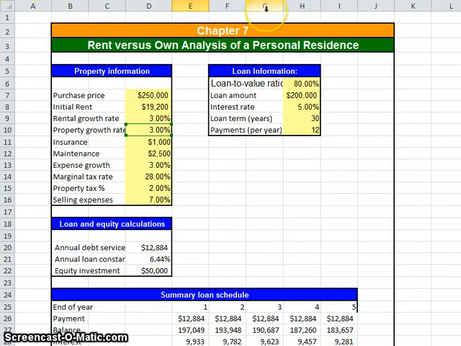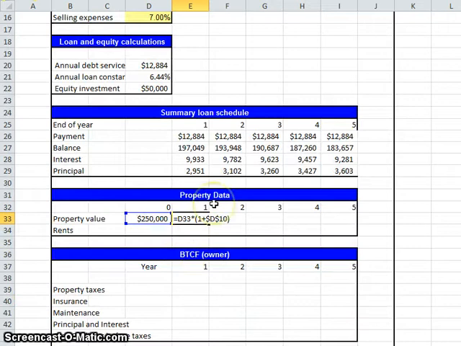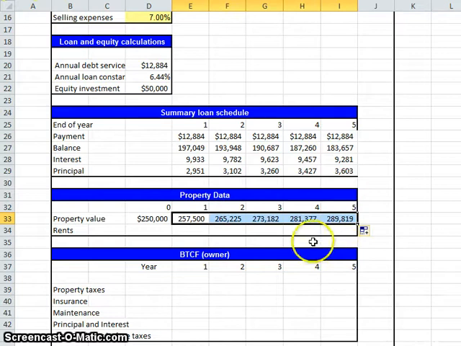Can make that a constant. And enter. You should be able to drag that across. 289.